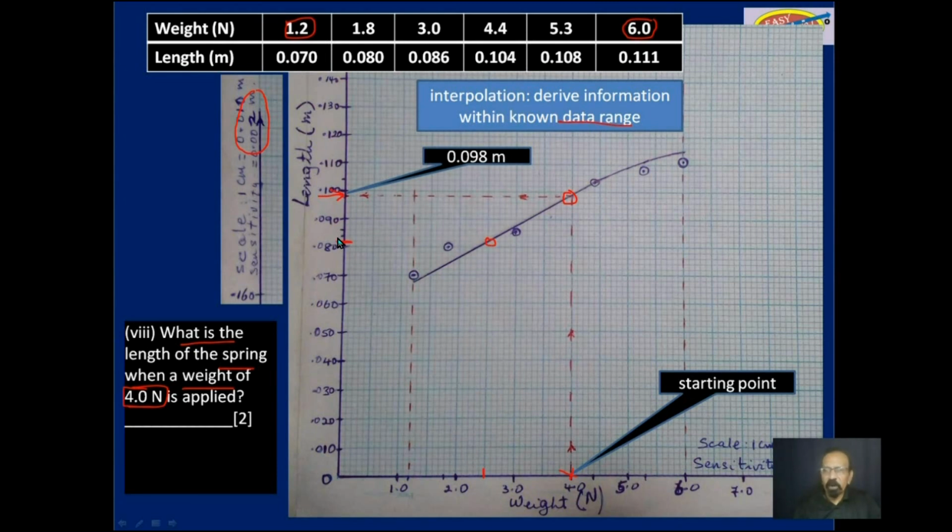That is if you are given the weight and you want to find the length. That is the principle you will do. This is called interpolation. That is to say, you are able to derive information within the known data range. And remember, our known data range is from here to there.